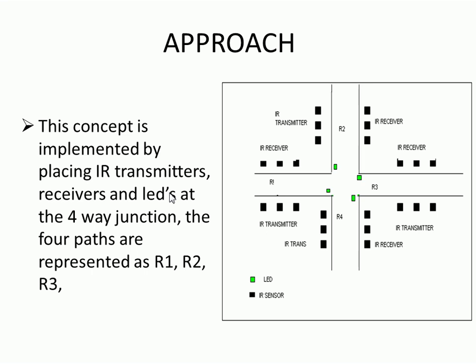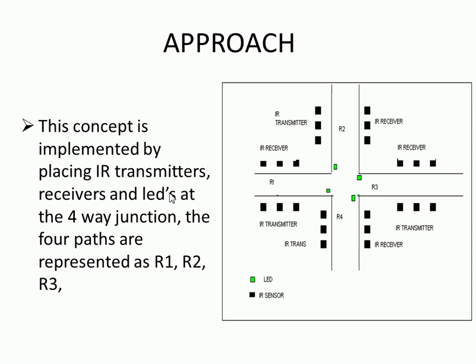Next, approach. Here this is the approach, how it is implemented and how it works. This is the normal traffic control system at the traffic signal lights. The green one indicates LEDs and the black one indicates IR sensors. We use both IR transmitters and receivers.